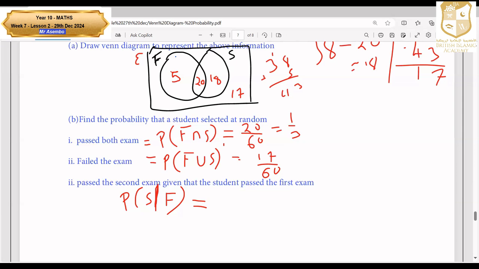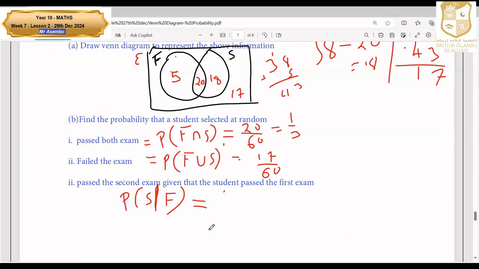So that's going to be equal to the probability of passing the second term exam, given he passed the first term exam.